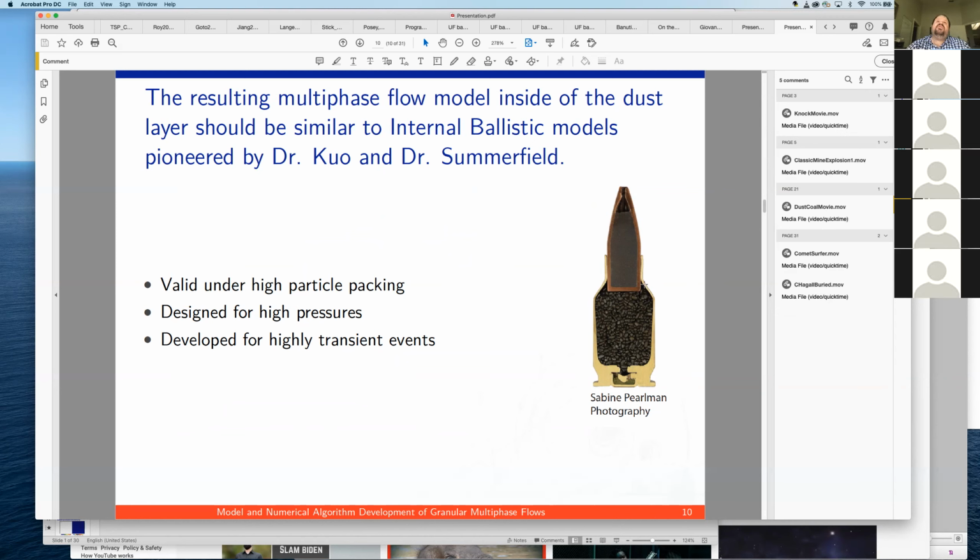In fact, if you trace the history of the Eulerian granular multi-phase flow models, they use some ideas from Ken Coe and Martin Summerfield, Ken Coe's advisor at Princeton. And so actually modern granular multi-phase flow theory has its roots in internal gun ballistics.